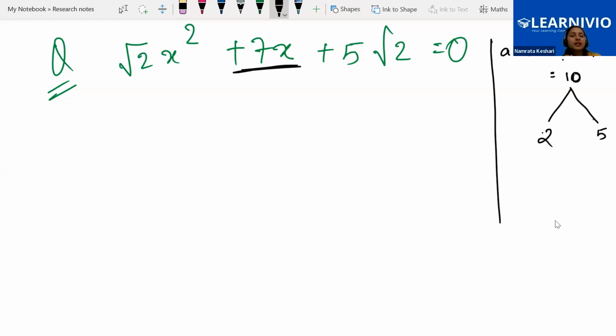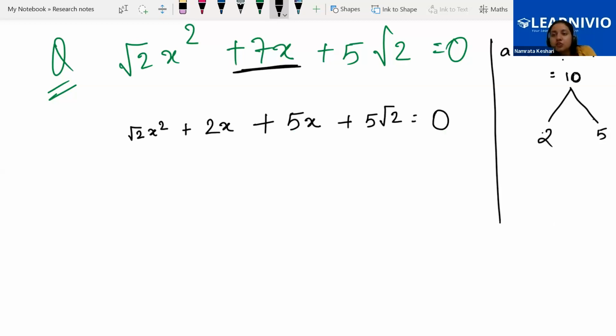Just the numbers at first we have to figure out. 2 and 5, both added together can generate 7x. So we are going to write root 2x square plus 2x plus 5x plus 5 root 2 is equal to 0. Let me know, so far is it clear to everyone?